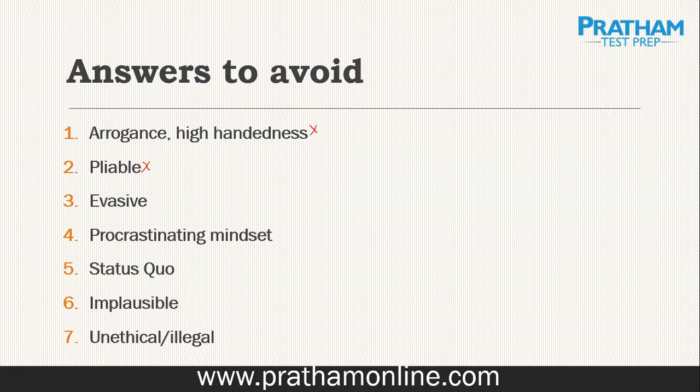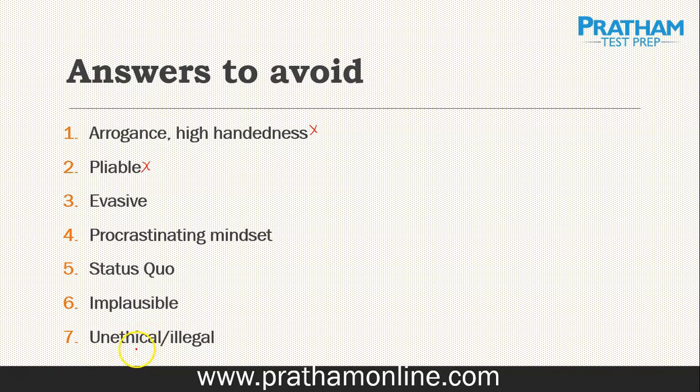The seventh variety is known as unethical or illegal answers. So any answer choice that is unethical, any answer choice that talks about illegal references should be avoided. Our answers generally in XAT would be of ethics variety, so you are supposed to stick to the ethical issues. No ethical dilemma should come in there.